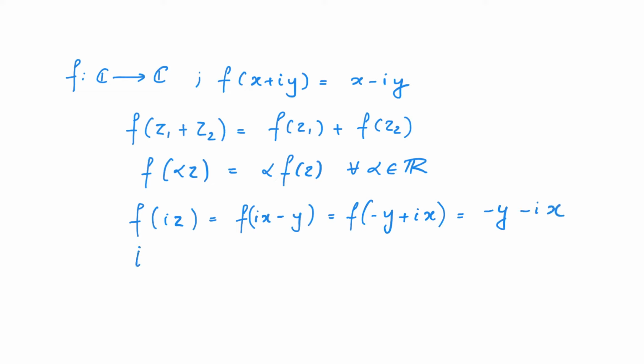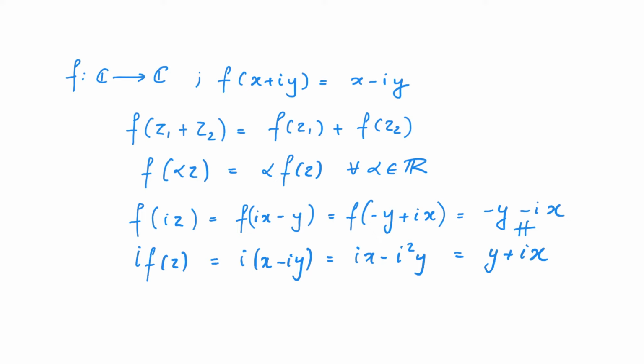On the other hand, i times f of z is equal to i times (x minus iy), which is equal to ix minus i squared y, which is equal to y plus ix. And clearly these two are not equal to each other. Therefore, if you want f of alpha z to be equal to alpha times f of z for complex numbers alpha, then this function is not linear.